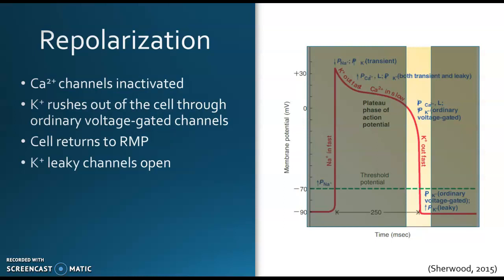Potassium is able to now rush out of the cell through those ordinary voltage-gated channels that we've seen before, and the cell is allowed to return to that resting membrane potential, and the potassium leaky channels open again, just as they did before the action potential began.